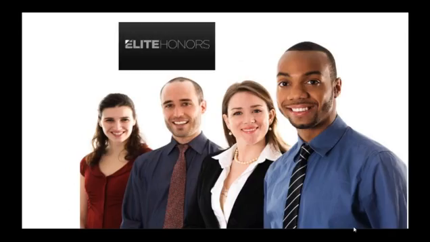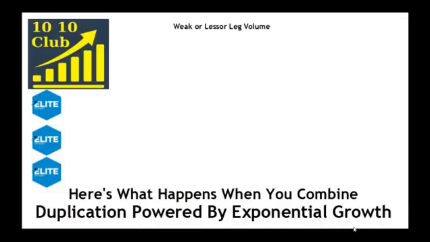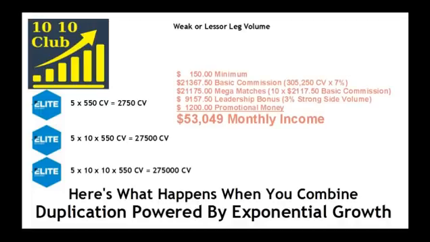And when you do that, and when you teach the Elite Honors Program down through your organization in the structure of the 10-10 Club, it creates exponential growth, because you're combining duplication powered with exponential growth, that as you get that 4th level built out completely, you're looking at $53,000 in monthly income.